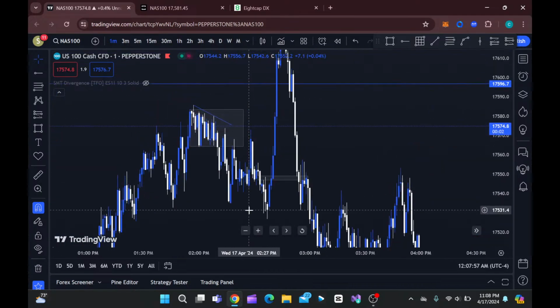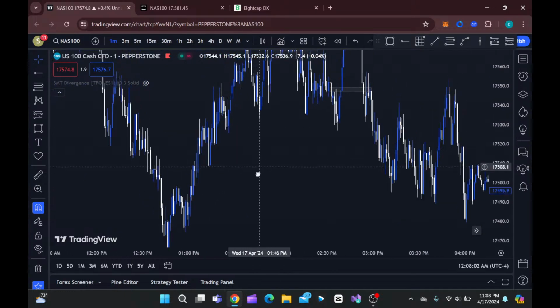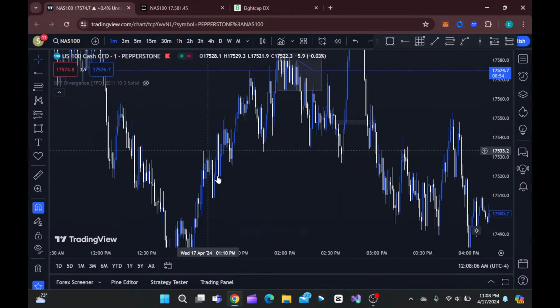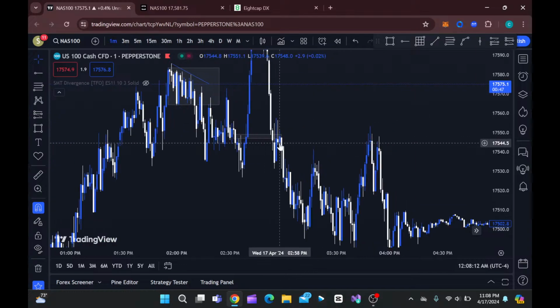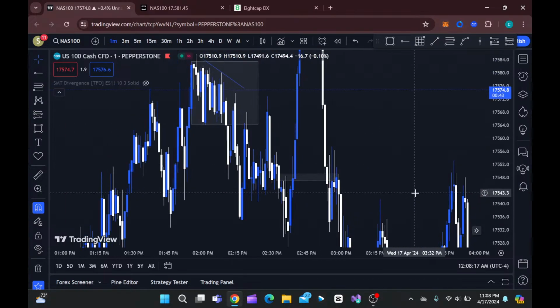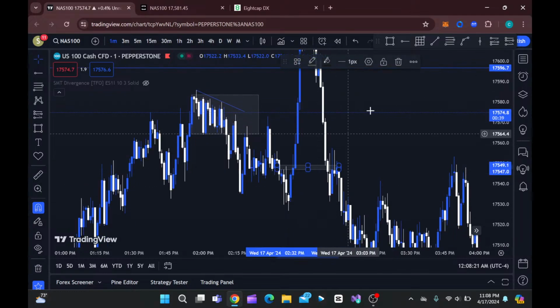And then boom. But yeah, it wanted to come take these highs before it took these lows, which is what happened. So yeah, this wouldn't have been very bad at all. It's not bad.